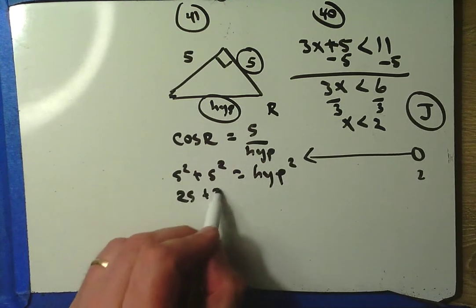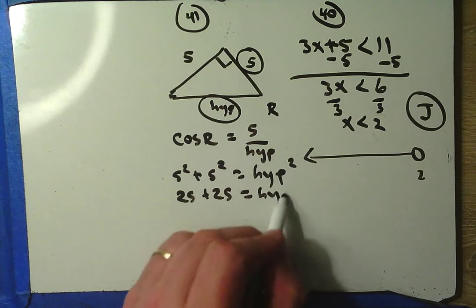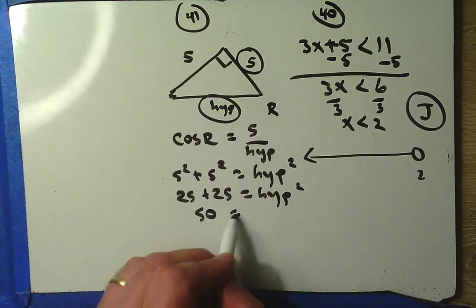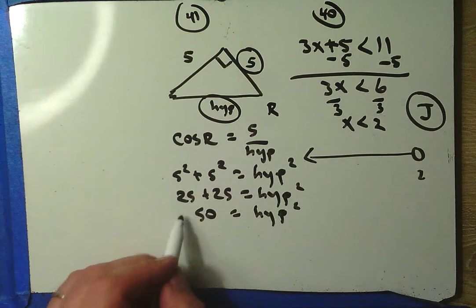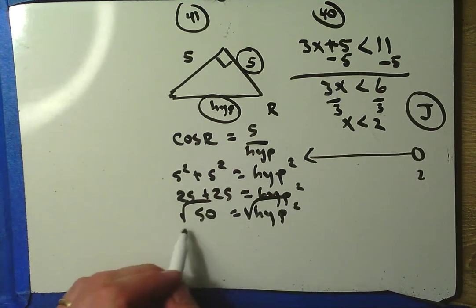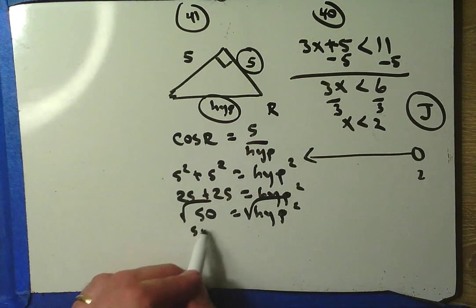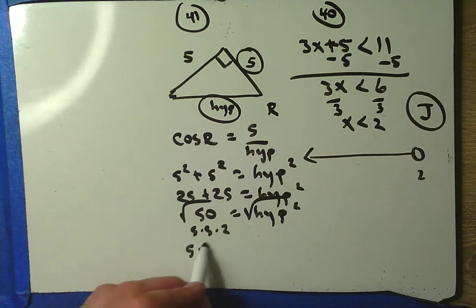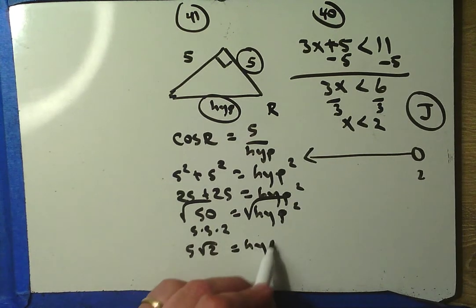So 25 plus 25 is hypotenuse squared. 50 is hypotenuse squared. I take the square root of both sides and I get 5 times 5 times 2, or 5 root 2 is the hypotenuse.